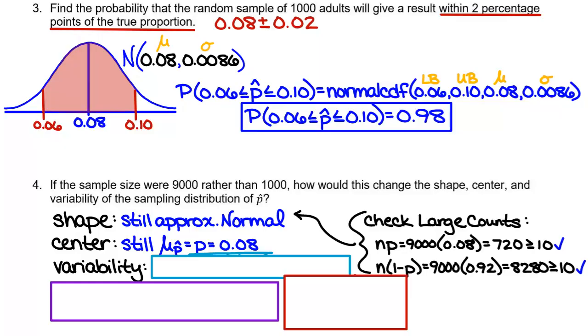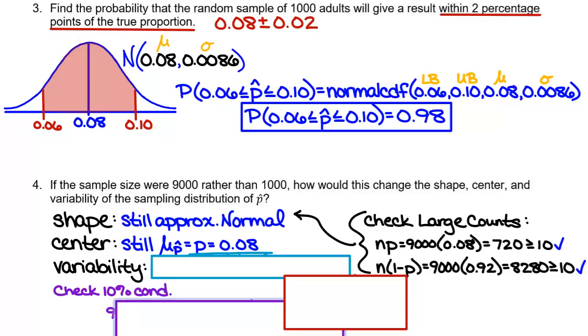Will variability stay the same? It's going to decrease. What do I have to do before I can just plug and chug on this formula? 10% condition. I have to make sure that my sample size is less than or equal to 10% of my whole population. What is the sample size this time? 9,000.